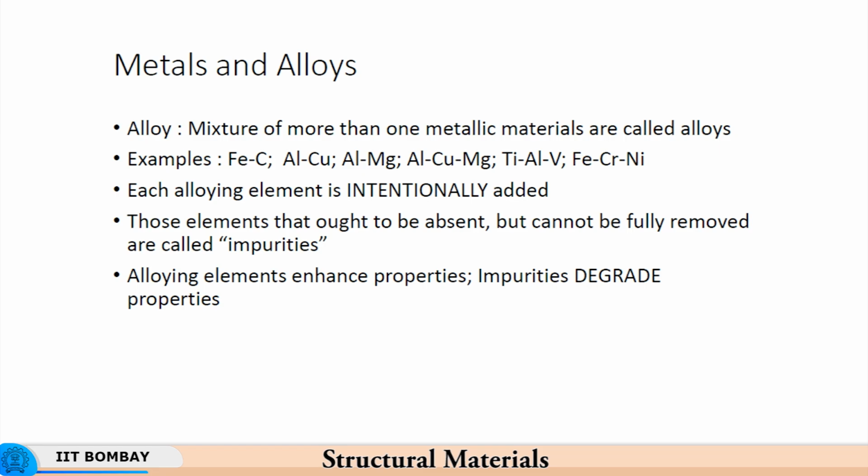I mentioned gases being required in a pure form, but gases also have certain amount of impurity, and that is the reason why gases are available as 99.9% pure, 99.99% pure, 99.999% pure, but again it is never 100% pure.